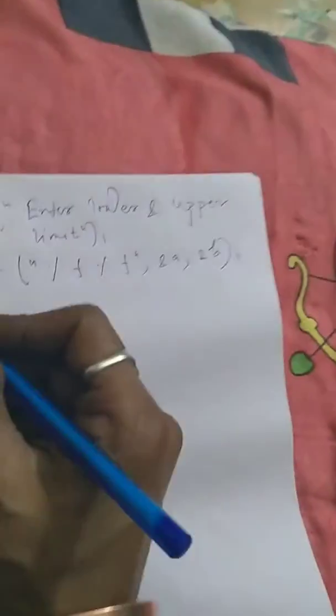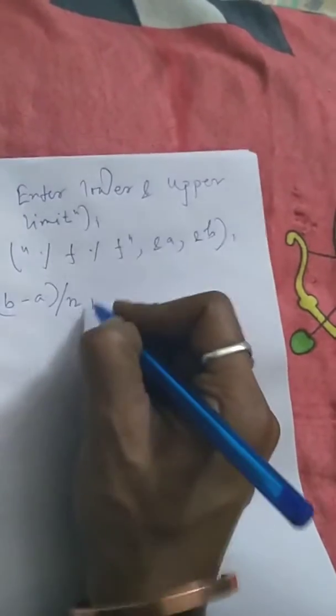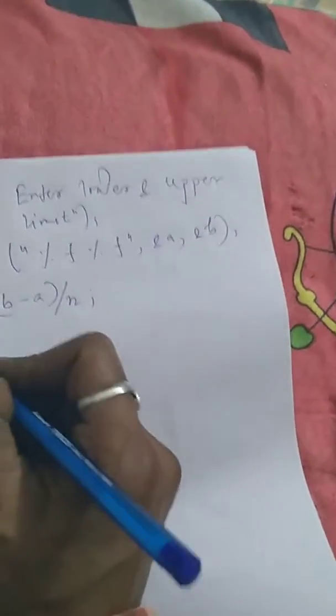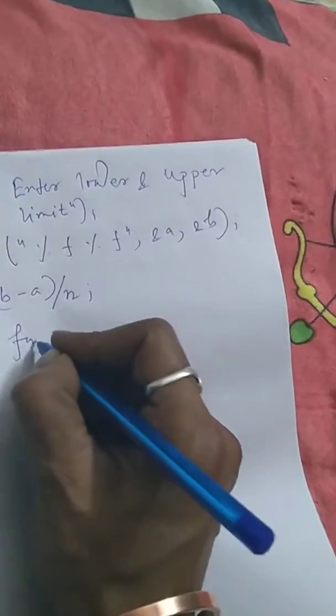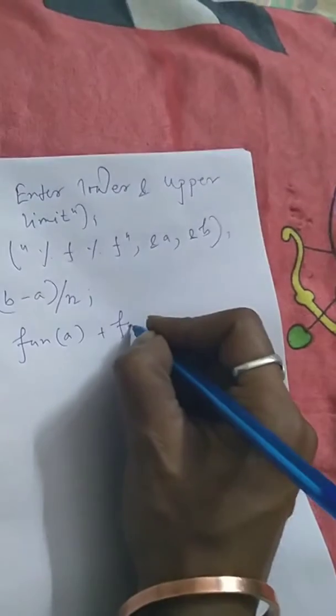Okay, next we calculate h equals to b minus a divided by the number of sub intervals, and then we write sum equals to function of a plus function of b.